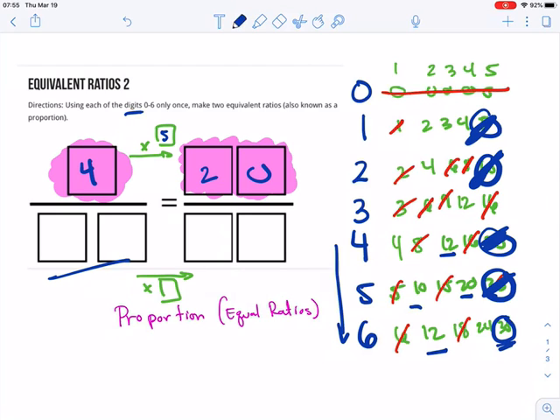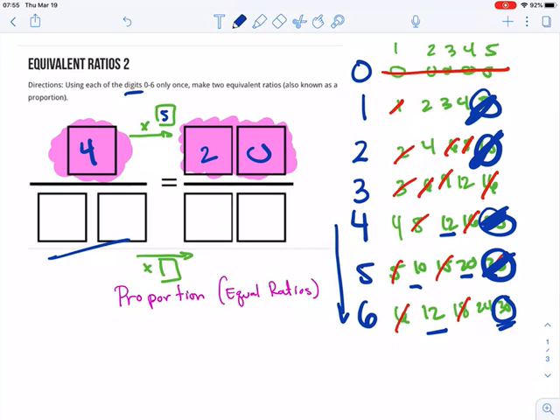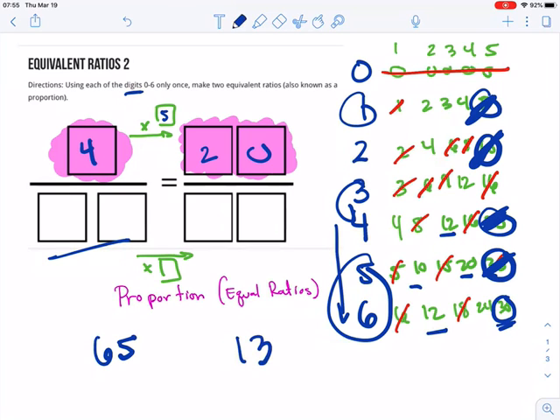Oh wait, what numbers do I have left? The numbers I have left are 6 and 5, and then I have 1 and 3. 6 and 5 and 1 and 3.